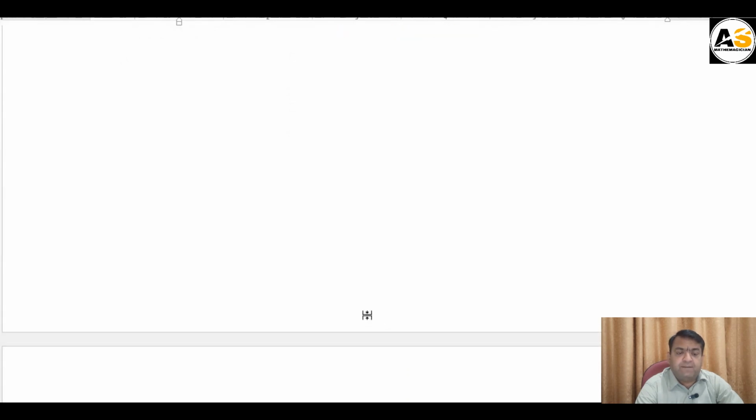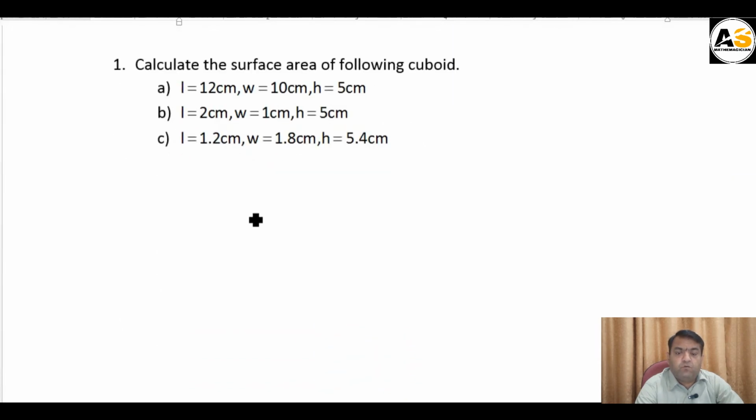Let us solve a few examples. We are given the length, width and height of a cuboid and we have to find its surface area. So what is the formula for surface area? For part 1, length into width 12 into 10 plus length into height 12 into 5 plus width into height 10 into 5.